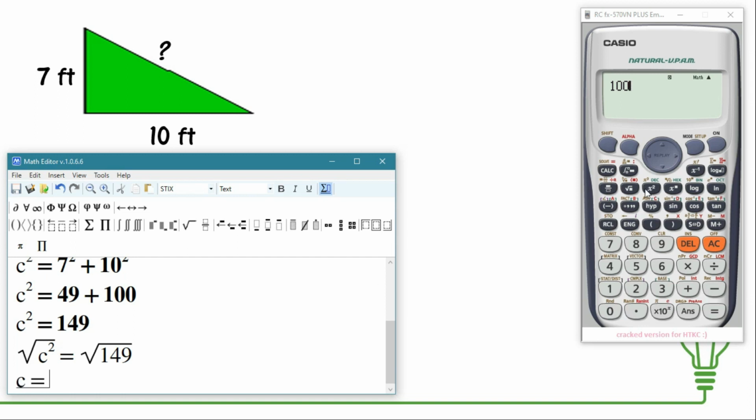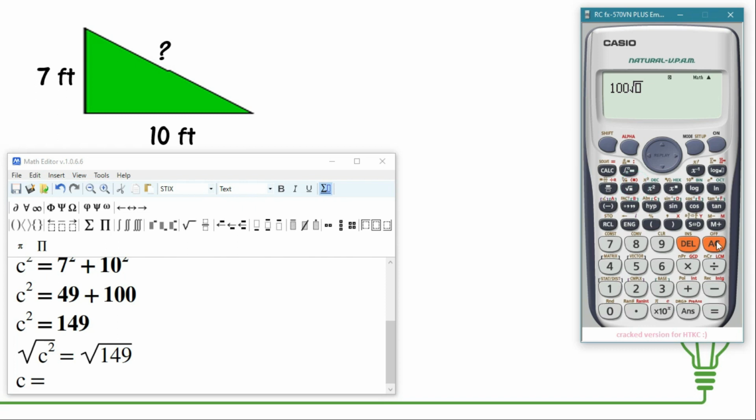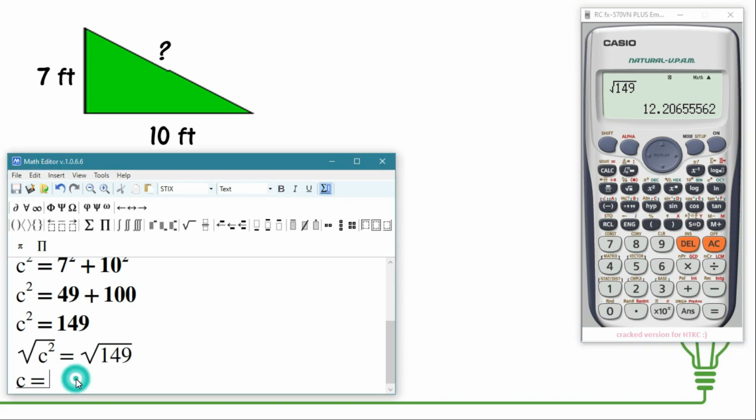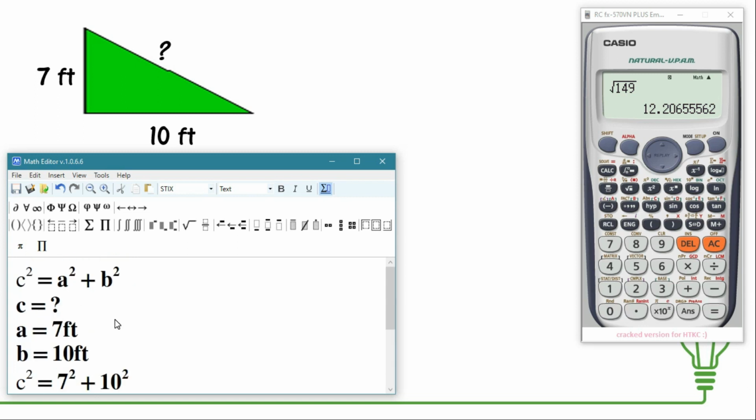And then, if we're going to find the square root of 149 using our calculator, it would be equivalent to 12.21, rounded off to the nearest hundredths. Okay, and since we are dealing with problems here, we have to put down there the unit of measurement that is being used.